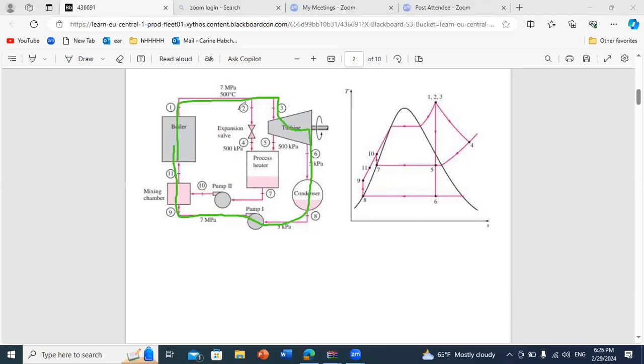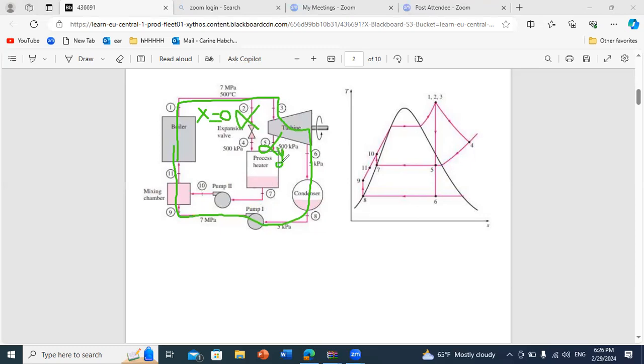To do this, I don't want to extract any fraction through the expansion valve, and I don't want to extract any fraction to the process heater. So I put X equals 0 and Y equals 0.